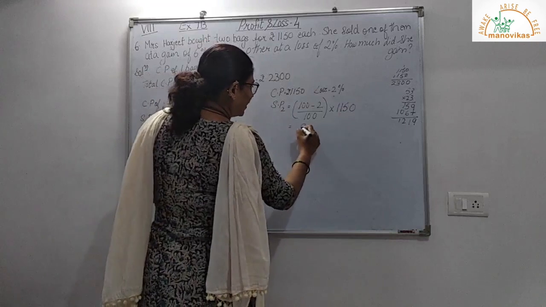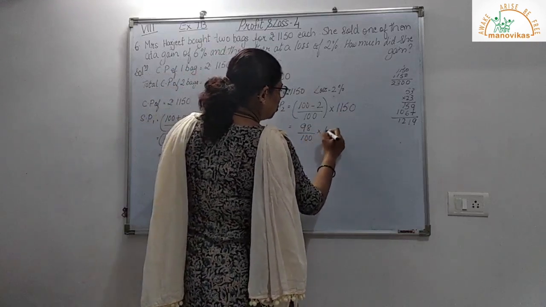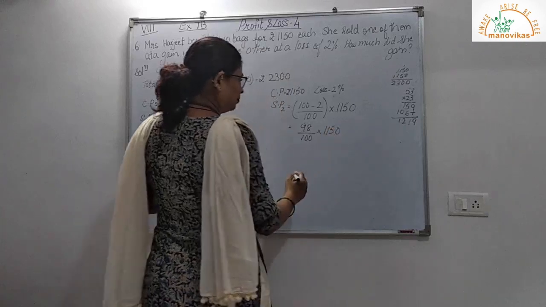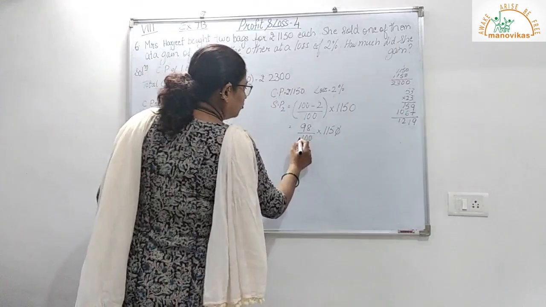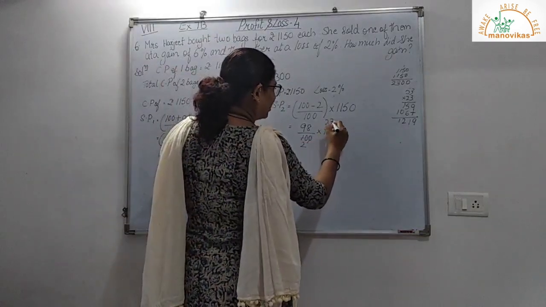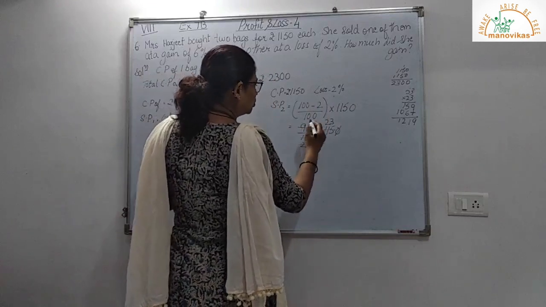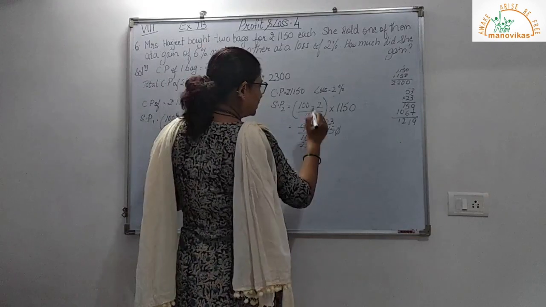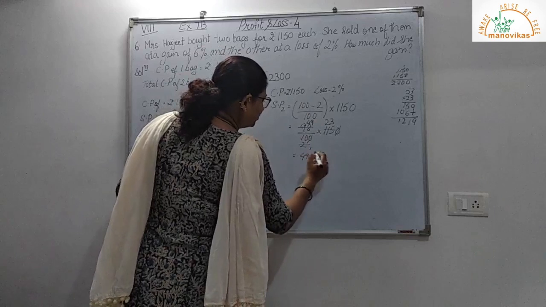So we get 98 divided by 100 into 1150. So I can cancel out the zeros. Now 5 2s are 10, 2 1s are 2, 2 4s are 98. So I get 49 into 23.